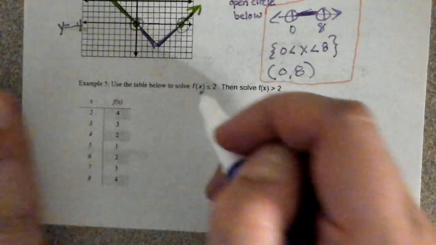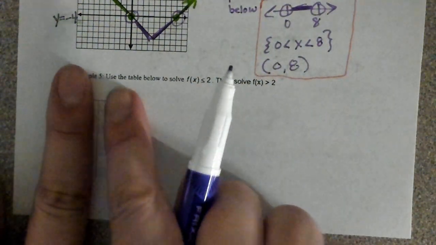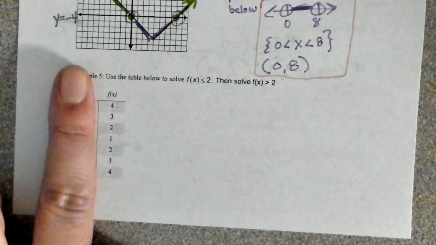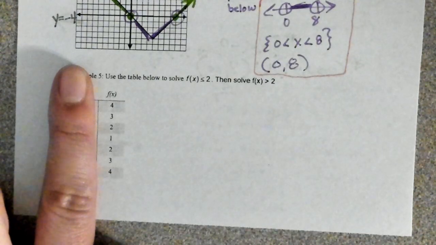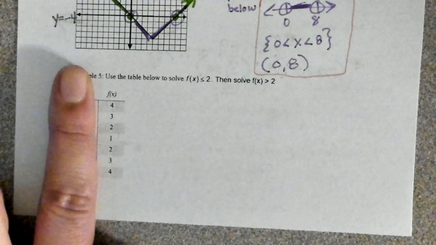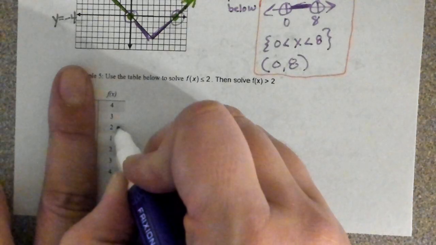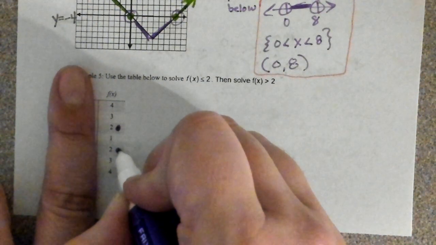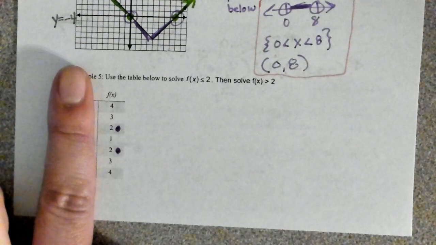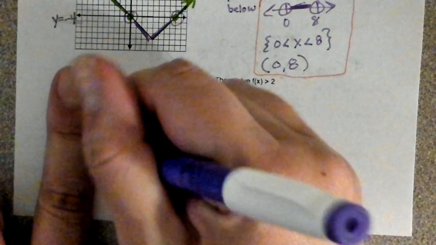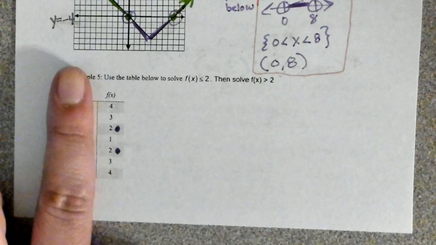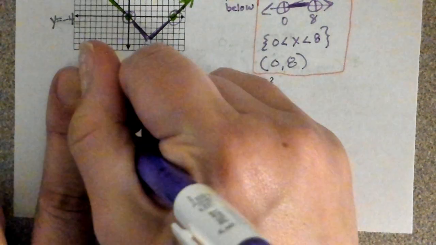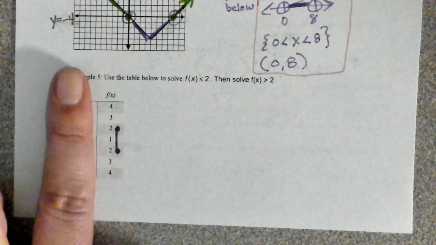Well, f of x, that's this column, and I want to know when it is less than or equal to 2. It's equal to 2 here, and it's equal to 2 here. Where is it less? In between these two dots or on the outside? In between, right? The number 1 is less than 2.